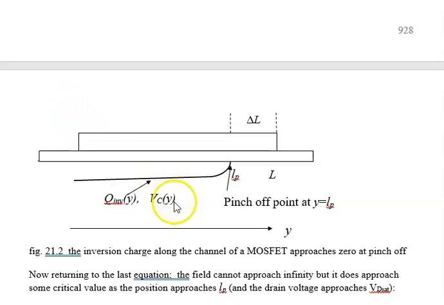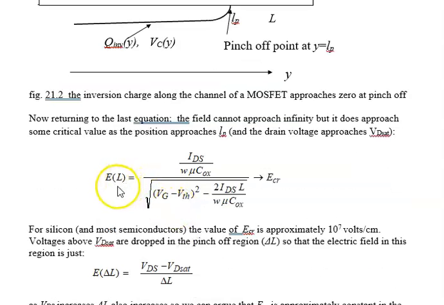So the point is that if we put in L sub P here instead of L, we would still get infinity. Now here's the point. It can't go to infinity. So what we're saying is it goes to some very high value, which we call E critical, ECR.